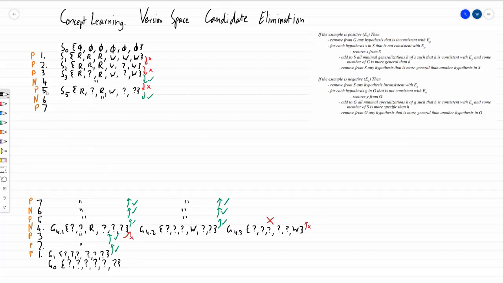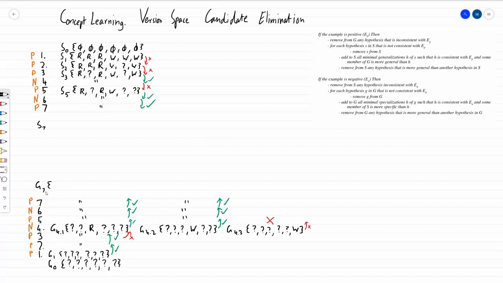And so this one, our final one, we have red, yellow, red, white, white, yellow. Well, that one also matches up. That one is also fine. Those last two examples there, we didn't have any issues with. So with this, that means that our final hypotheses for our general, and our final one for our specific, let's draw them out fully.